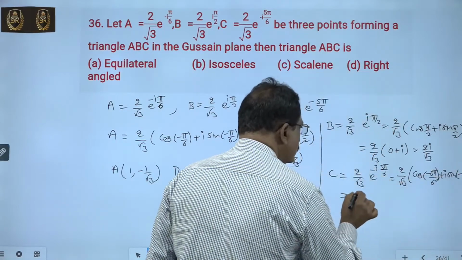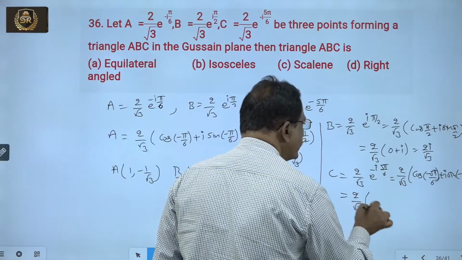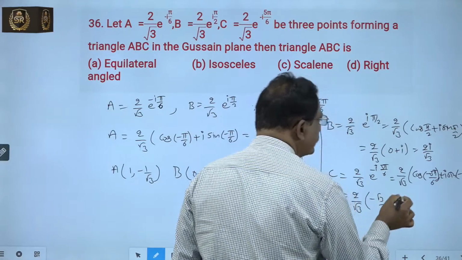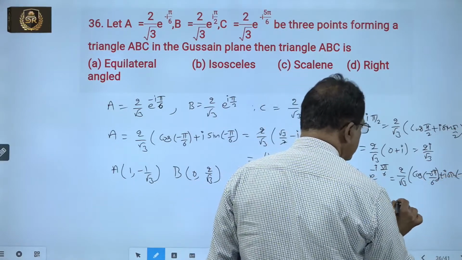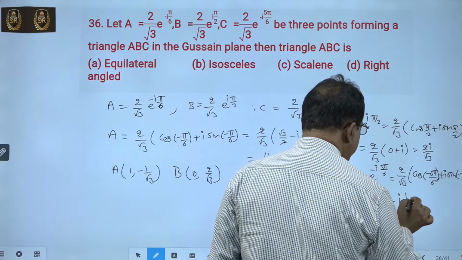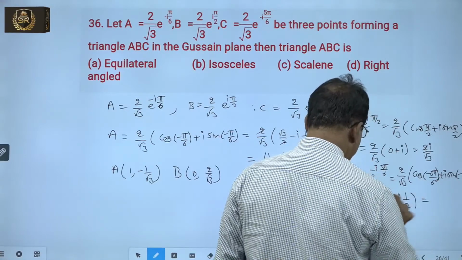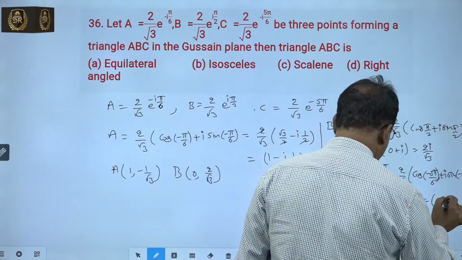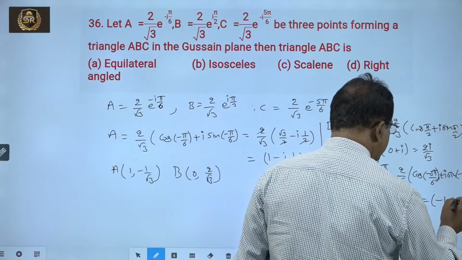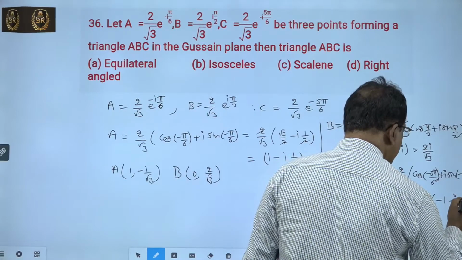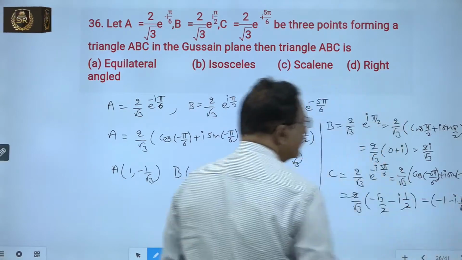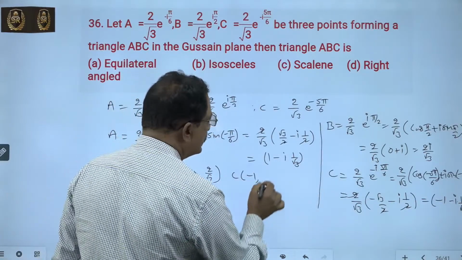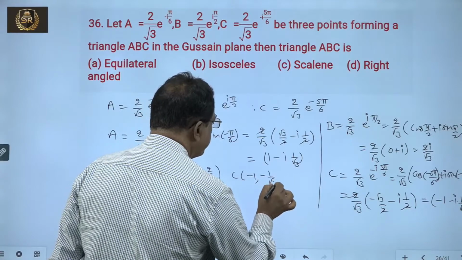Cos minus 5 pi by 6 equals minus root 3 by 2, sin minus 5 pi by 6 is minus 1 by 2, so we take 2 common and cancel it, giving minus 1 minus i into 1 by root 3. Now, the point C is minus 1 comma minus 1 by root 3.